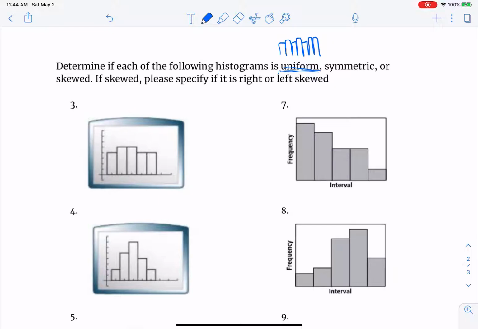This is not very pretty, but you can see they're all a little bit different, but there's not like a curve or really a shape to the data. It seems like all the intervals are pretty similar in length. That would be uniform. Symmetric, we often see a bell curve, something like this.